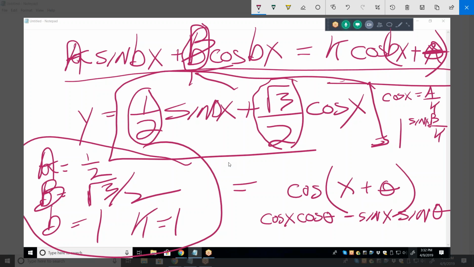These identities over here on the right side, is that x or theta? Theta. Okay. So cosine of theta is a over k.